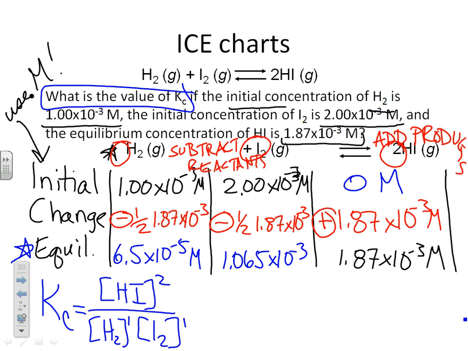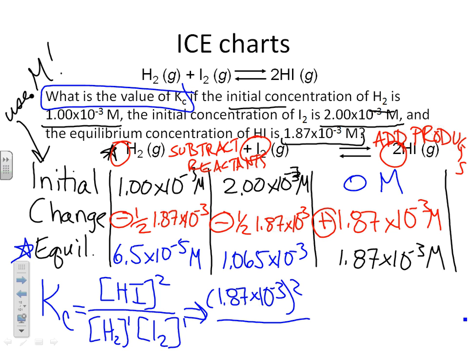We're looking for the value of Kc. We're going to simply use all the equilibrium concentrations, and we're just going to plug right in. So the equilibrium concentration of HI is 1.87 times 10 to the minus third, and we're going to square that because of the 2. You're just literally taking the final number that you wrote.